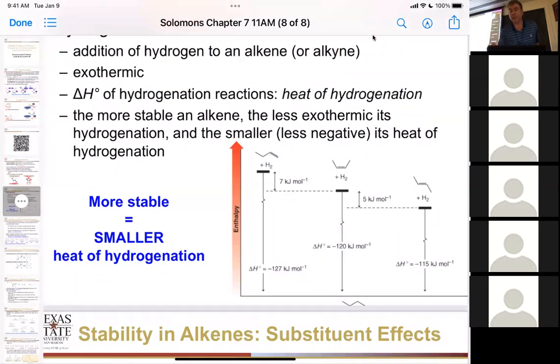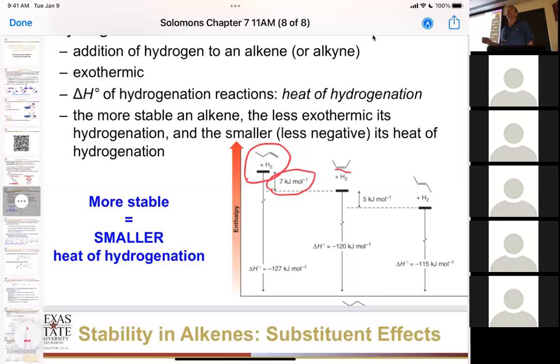If we looked at a terminal alkene here and did our measurement, it liberates 127 kilojoules per mole. But if we moved it to an internal alkene that was cis or Z, it liberates 7 kilojoules per mole less energy, meaning that it was more stable.